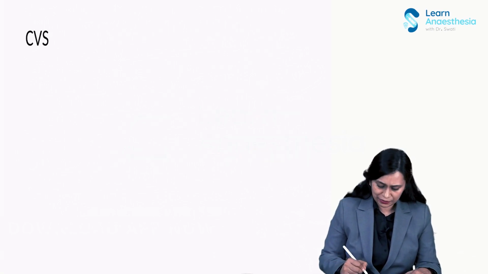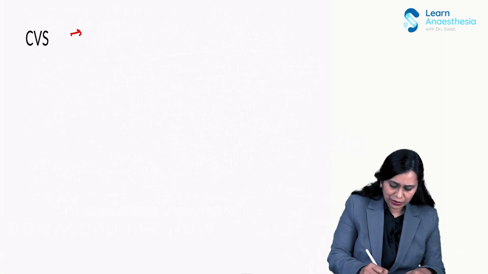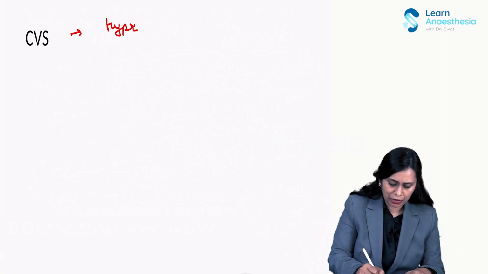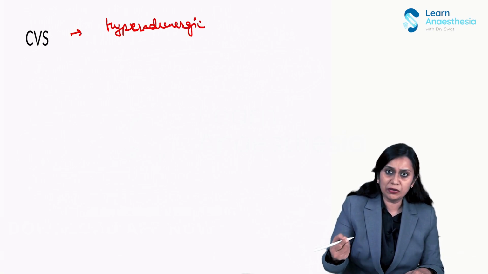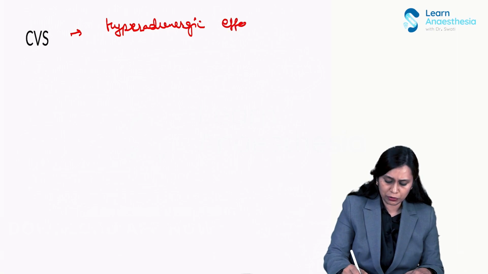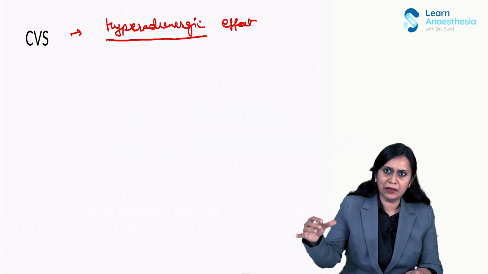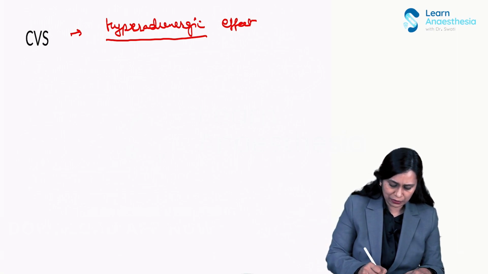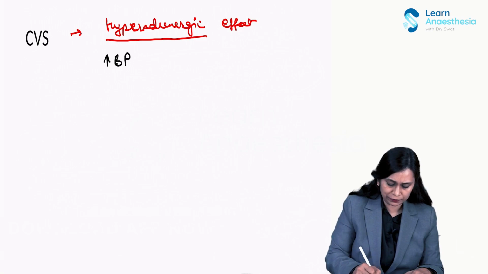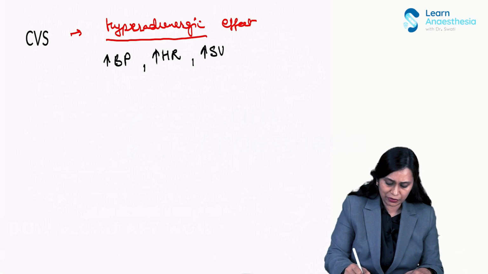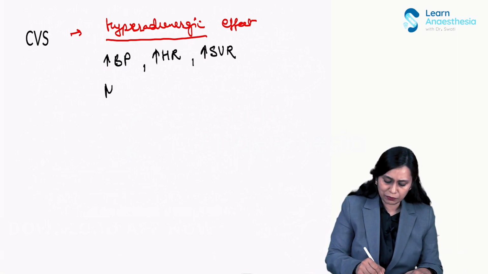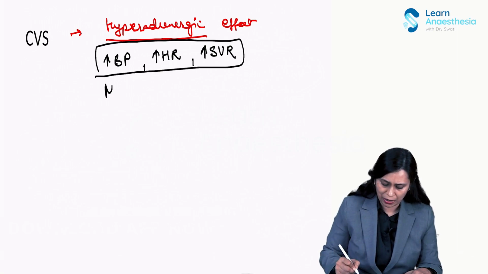Then on cardiovascular system, it produces hyperadrenergic effect. So whenever there is hyperadrenergic effect, what will happen? Serum catecholamine level would increase and blood pressure would increase, heart rate would increase, systemic vascular resistance would increase, right?